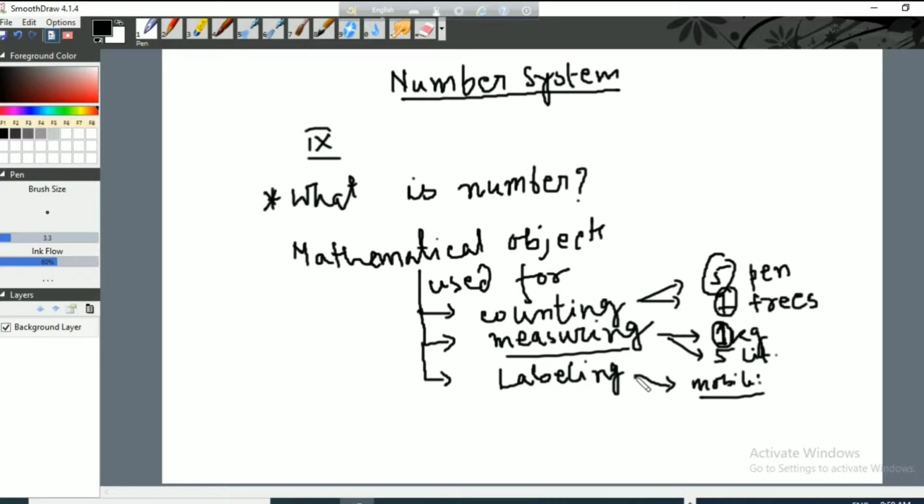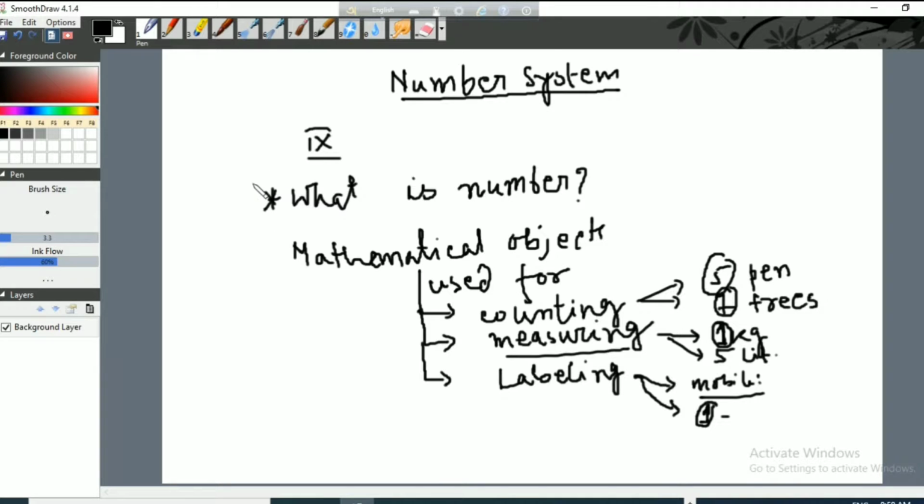Another example of labeling is your roll numbers. It is not counting. A number is assigned to you, maybe your roll number is 1, so 1 is assigned to you. So numbers are used for these things. You actually know what number is, you feel it.